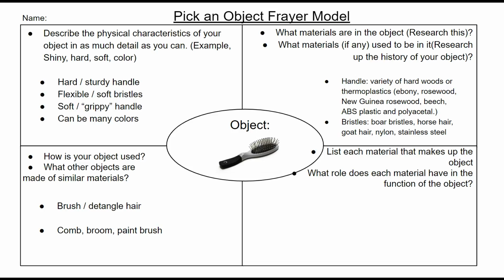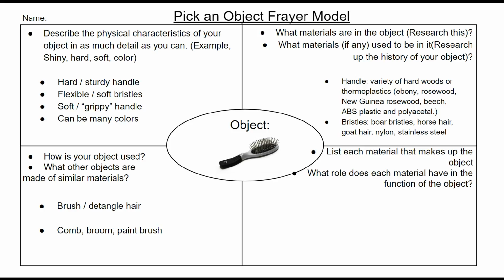So the last thing that we're filling out on this last square for this Frayer model is to look up those specific materials, list them, and think about what role each material might have in the function of the object.